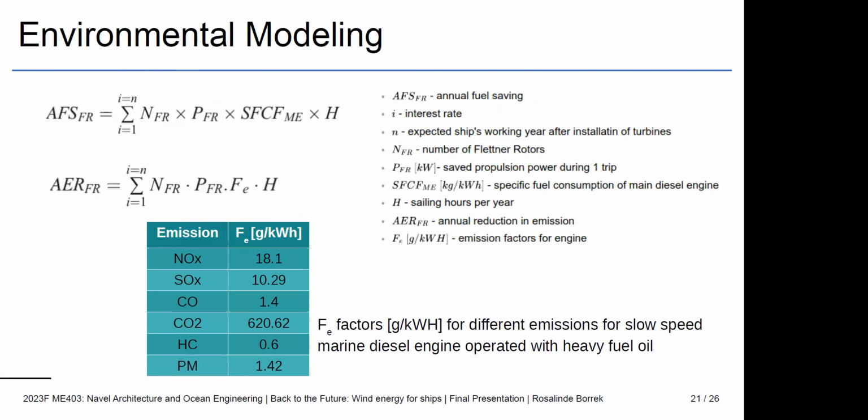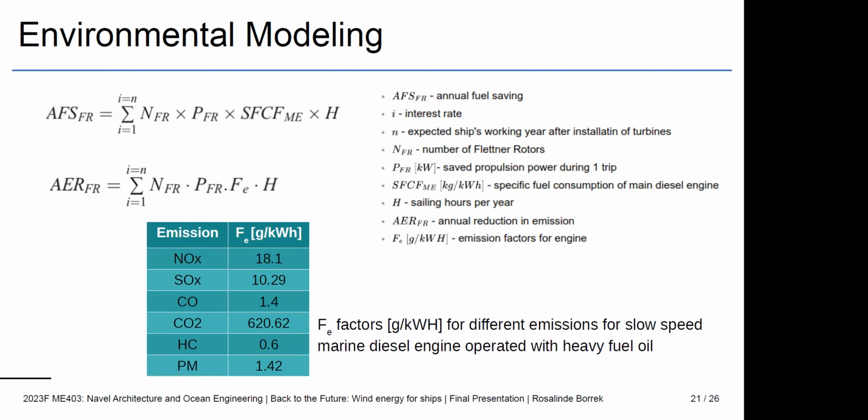But if we know how much propulsive power we get from our Flettner rotors, we can then also get the value of how much propulsive power we save from the main engine, the diesel engine. With that, we can then also calculate the amount of fuel that we save by using the Flettner rotors.